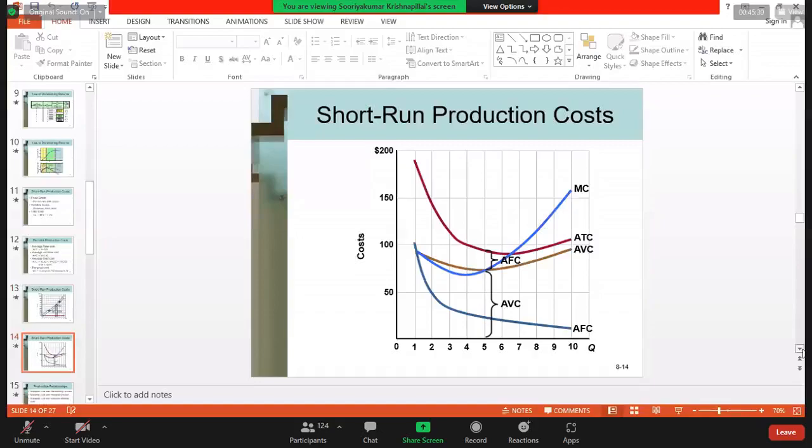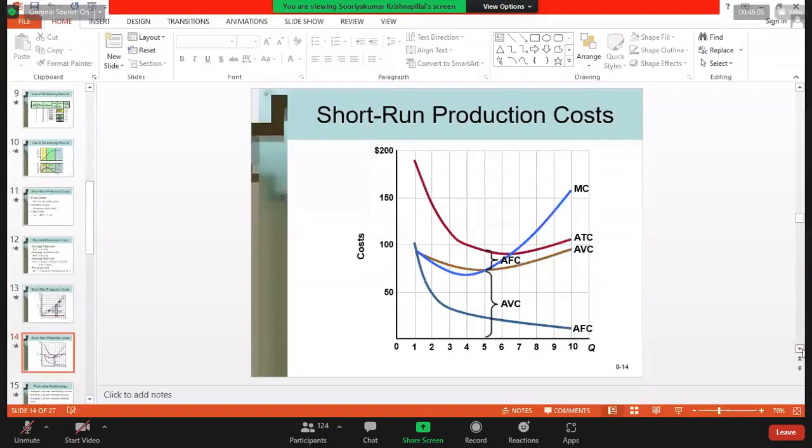So if we are using only labor as the variable input, we can simply calculate marginal cost. So if the wage is $10, and an additional labor produces 10 units, each additional labor produces 10 units of output.